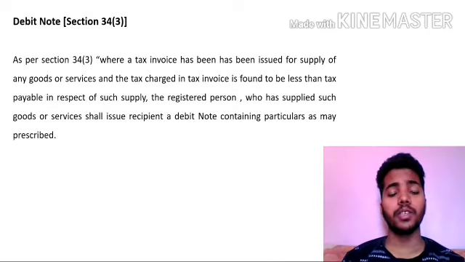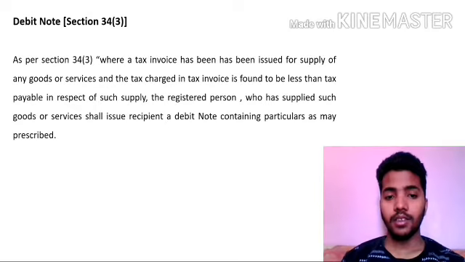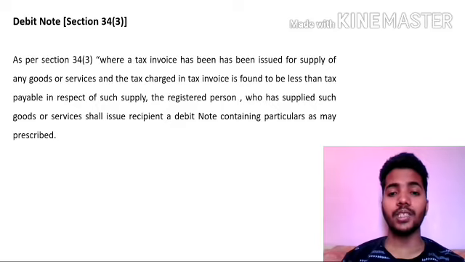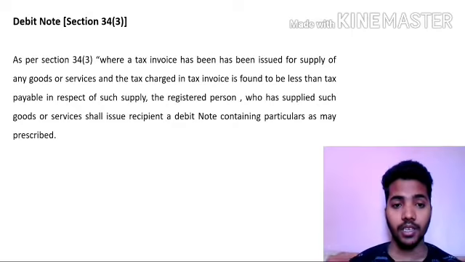As per section 34 subsection 3, where a tax invoice has been issued for supply of any goods and services or both, and the tax charged in the tax invoice is found to be less than the tax payable in respect of such supply, the registered person who has supplied such goods or services shall issue to the recipient a debit note containing particulars as may be prescribed under section 34 subsection 3.